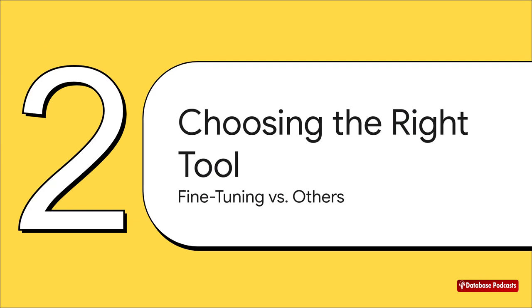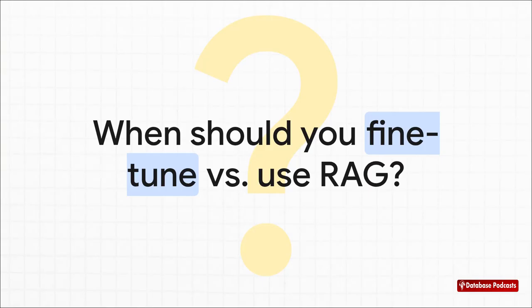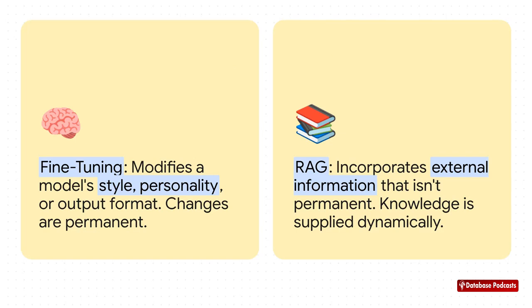Okay, so we've got a grasp on what fine-tuning is, but that brings up the next big question. When should you actually do it? Because honestly, picking the right tool for the job is just as important as knowing how to use it. This is the big decision you'll face. You've got a few ways to customize a model. There's retrieval augmented generation, or RAG, and also in-context learning. So how do you pick the right one? And this table just lays it out perfectly.